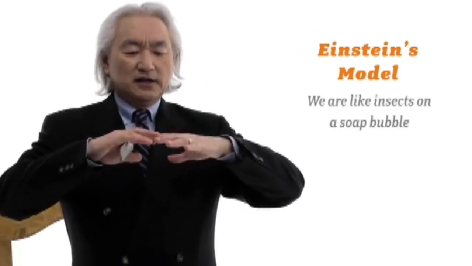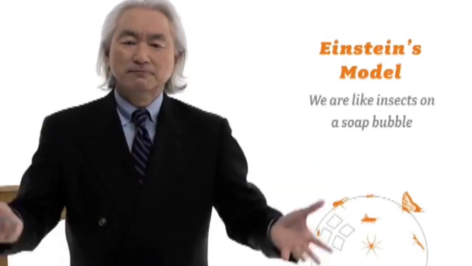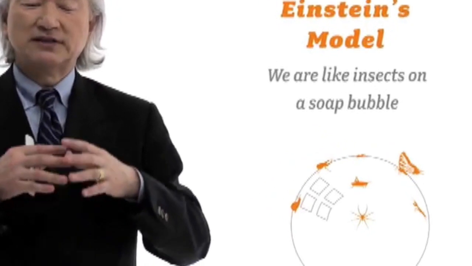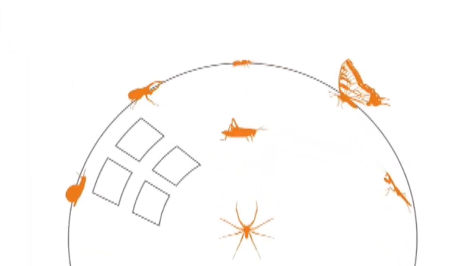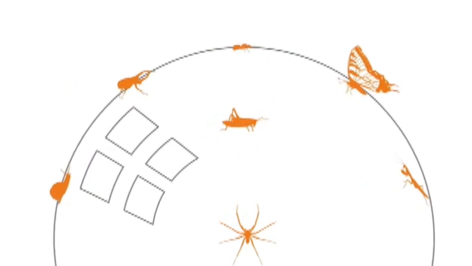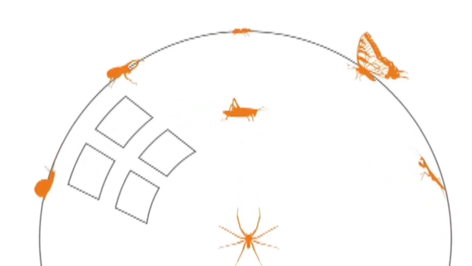Where did the Big Bang come from? Well, Einstein's equations give us this compelling picture that we are like insects on a soap bubble, a gigantic soap bubble which is expanding, and we are trapped like flies on flypaper. We can't escape the soap bubble, and that's called the Big Bang theory.